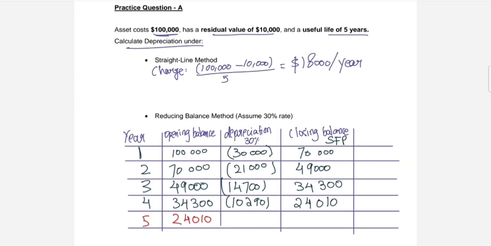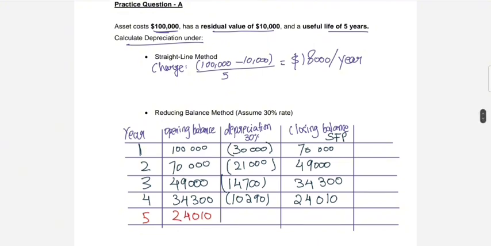But notice how if I take 30% depreciation of this amount, I should find that it comes to $7,203. And as usual, if I take away this depreciation from the value of the asset, I will get the value of the asset at the end of the year as $16,807.